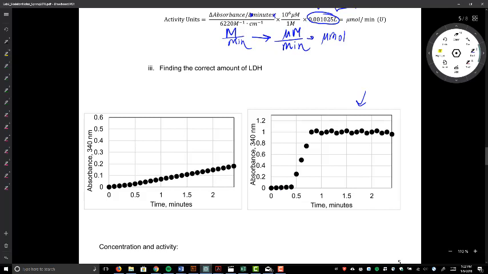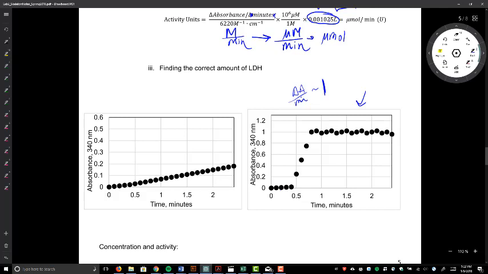You have your background, and then once you spike in your enzyme, the absorbance, and by extension, the concentration of the products is going to spike up and then flatten out as either the enzyme runs out of substrate or you saturate the detector. And so our delta A per minute is like 1. So that's pretty big.